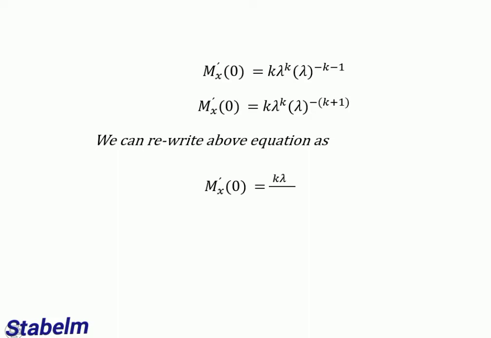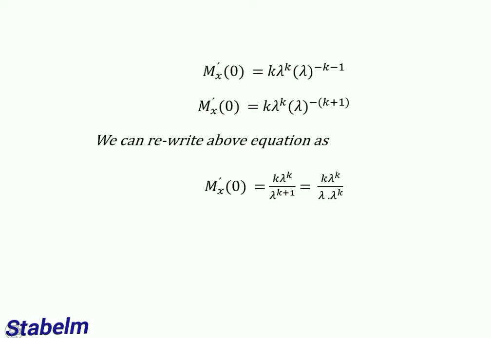So k lambda raised to power k divided by lambda k plus 1. Now this will give us k lambda raised to power k divided by lambda multiplied by lambda raised to power k.